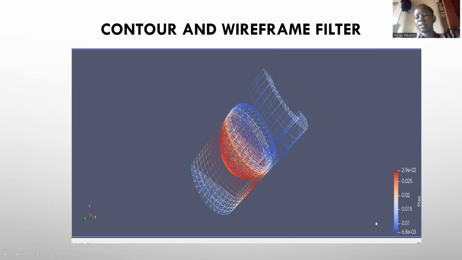So we can see, as the legend shows, from blue to red. The blue is low. It shows a low pressure because I'm doing this according to pressure. It shows a low pressure, and the red shows a very high pressure.